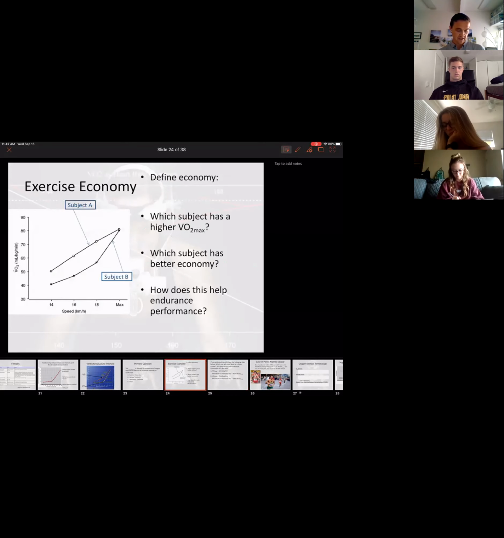And so this previous slide shows that, where you have these two different athletes with the same VO2 max, but this guy's only at 55 mLs per kg when they're at 18 kilometers per hour, and this one's at 72. So subject B is going to have a much higher sustainable VO2, and that's really what's going to matter for a race pace, right?